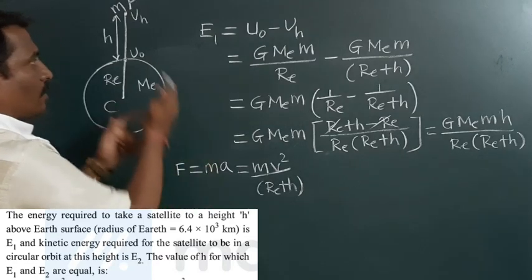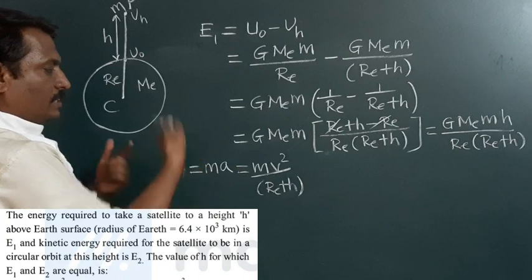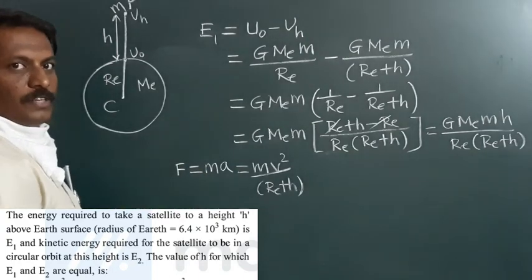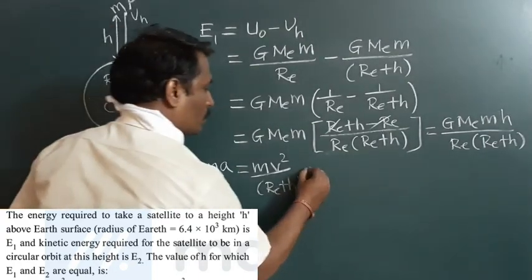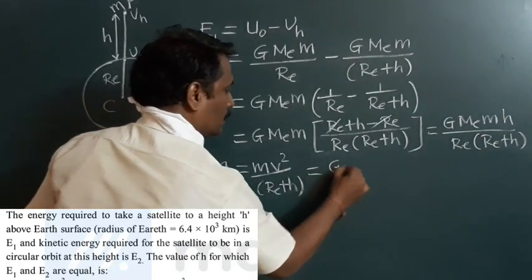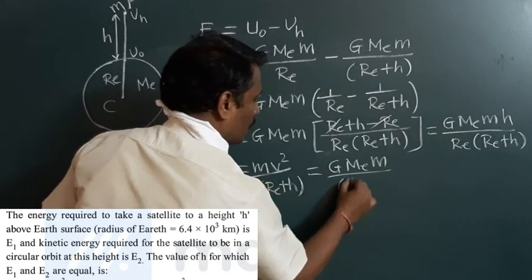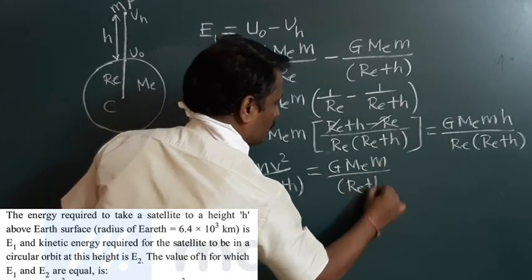This is the force acting on the planet. But here the force acting on the planet is nothing but the gravitational force of the earth. So according to Newton's law of gravitation, this force can also be written as G MEM divided by RE plus H square.